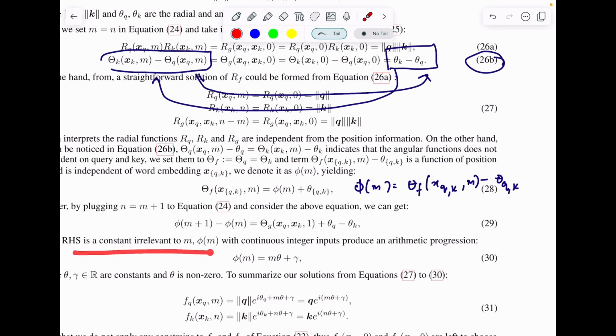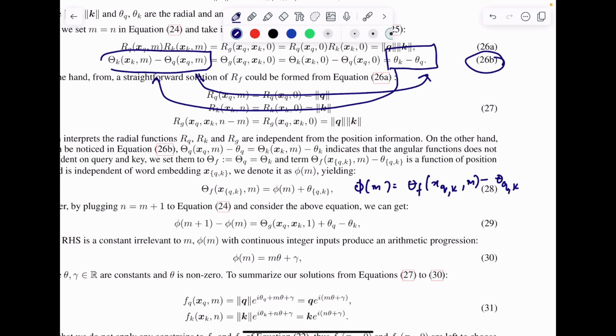The right hand side is a constant irrelevant to m, and that essentially says that independent of how much you move, if you move by one position, that means you start with m and you move to m plus 1, then the angle by which you move is independent of the initial position that you were in.